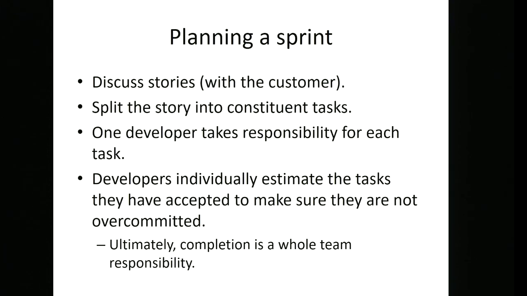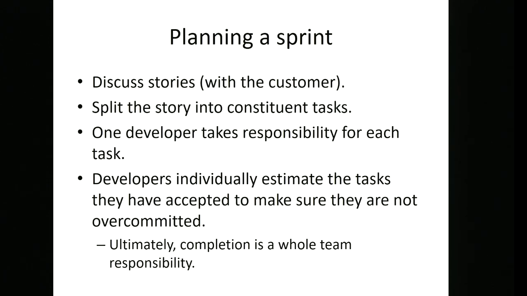When you're planning a sprint, you want to discuss the stories with the customer. This is very important, as we know, so you can work out that you understand exactly what you're doing, work out the details. Split the story into constituent tasks, and then each developer takes responsibility for one task. They then go back and individually estimate the tasks they've accepted to make sure they're not overcommitted.